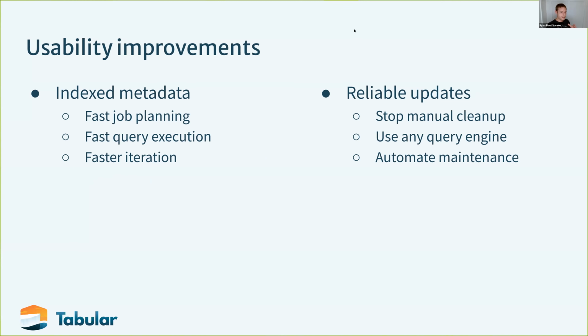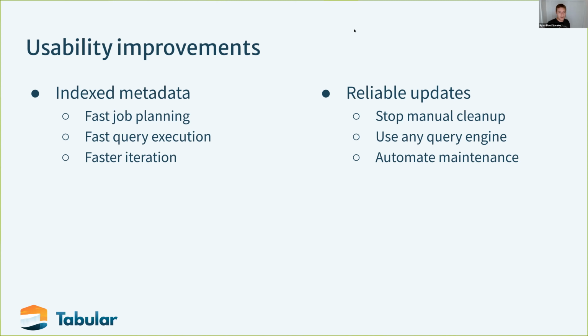Now, this is not directly a usability thing, but faster iteration, not having to think, well, this is going to take 10 minutes, so I may as well go get coffee, really does have an impact on the ability to use data. And so that's one of the aspects of why we're talking about performance.